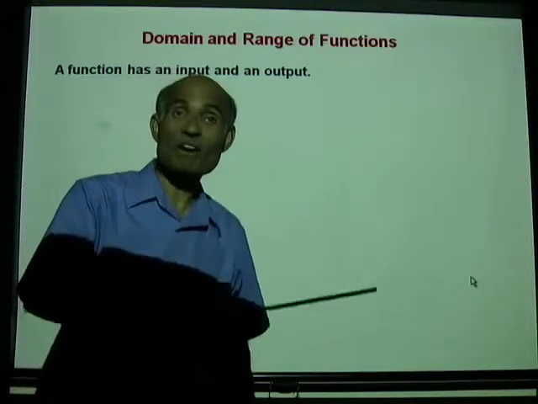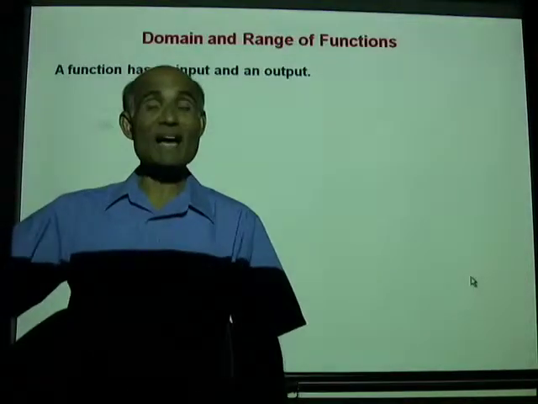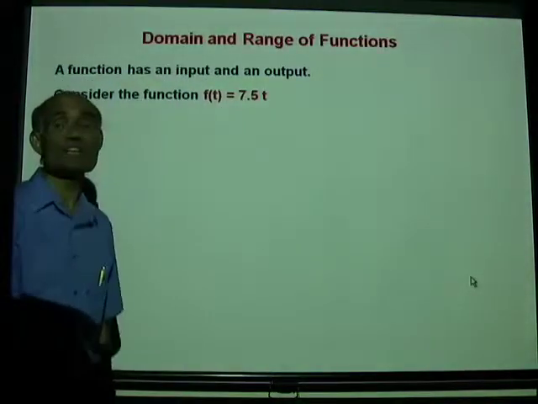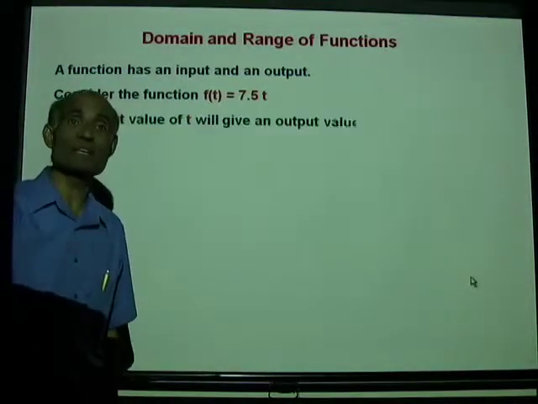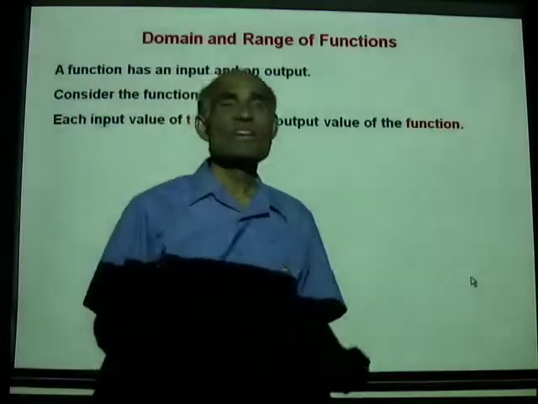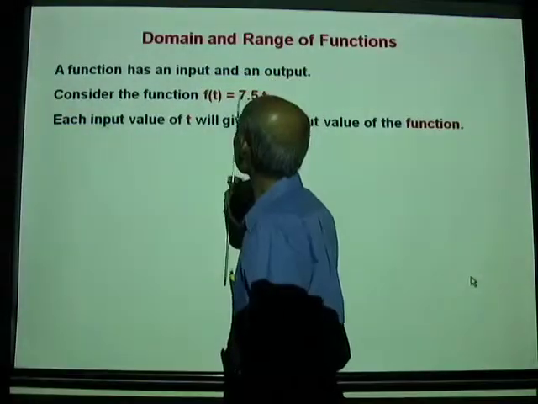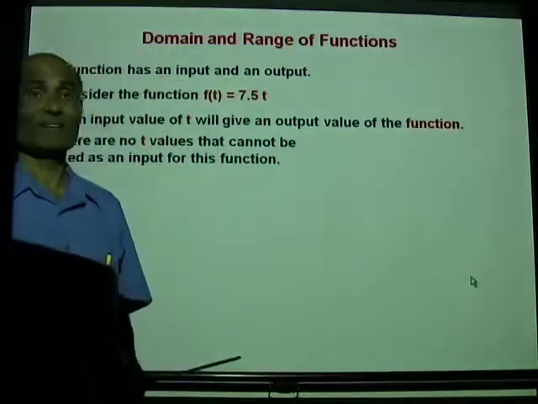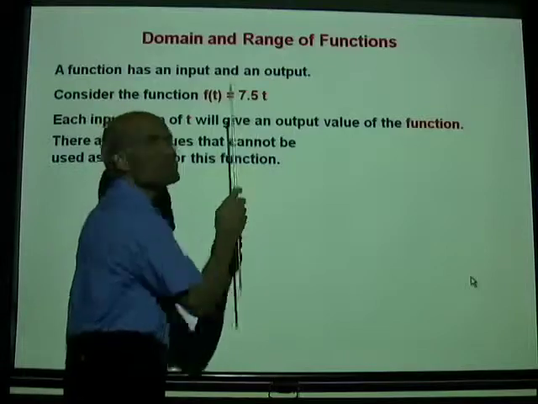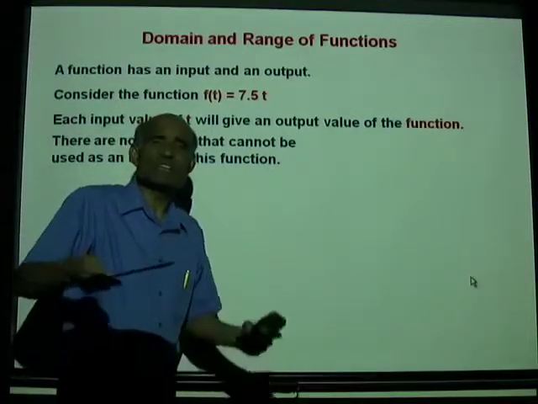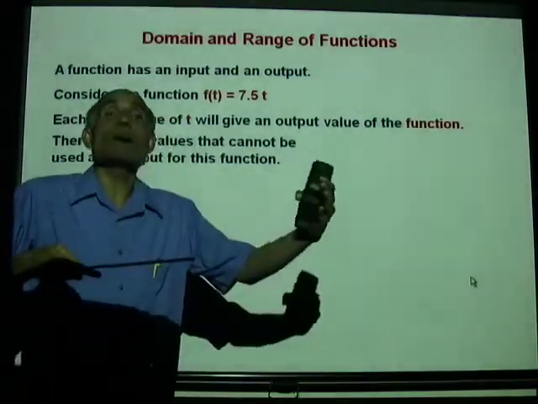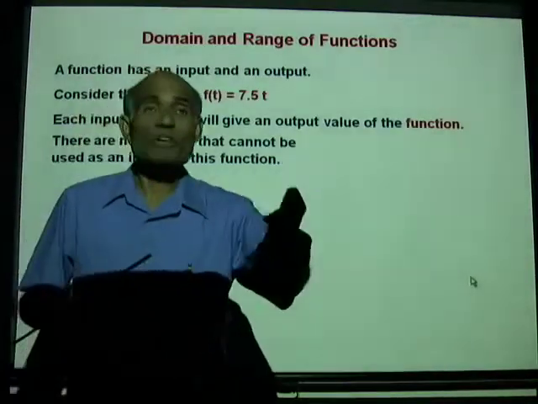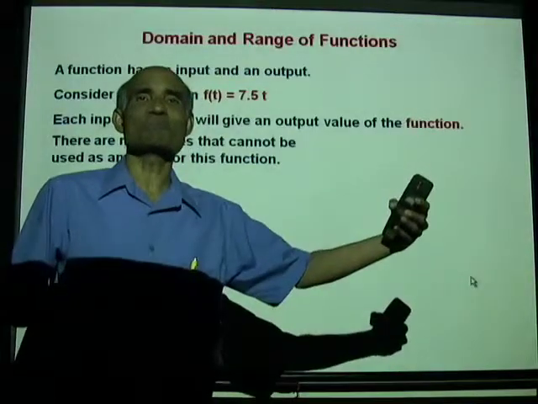Well, you know that a function has an input and an output. For example, consider f of t equal to 7.5t. Now, each value of t will give you an output value for the function. In other words, there are no values of t that will not give you an output for this function. Any value that you can think of as an input will give you an output.